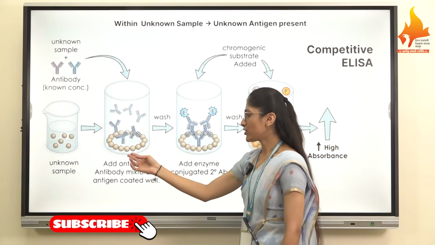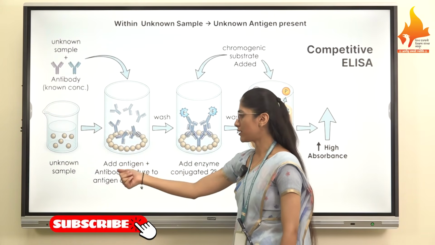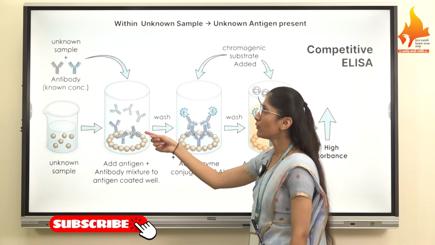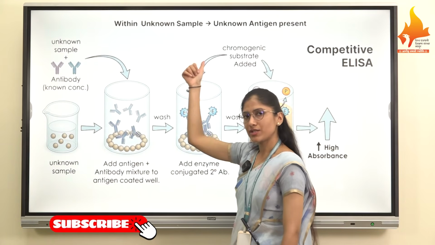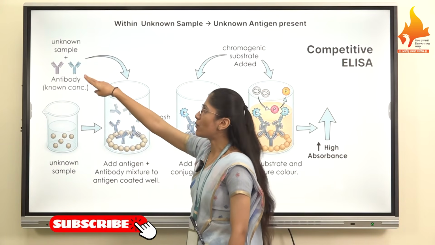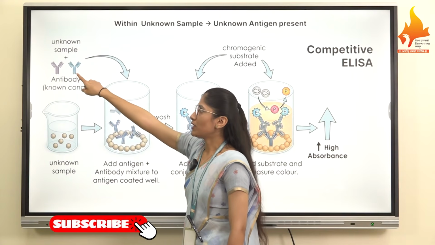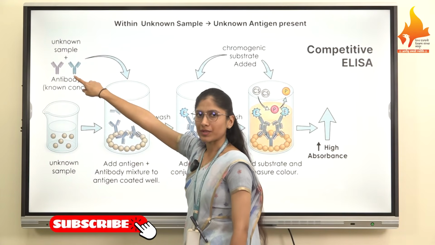This is the antigen coated well. Here, the addition of antigen plus antibody mixture. In the unknown sample antigen is present, so the free antibody is bound by antigen. The antigens bind to that free antibody.